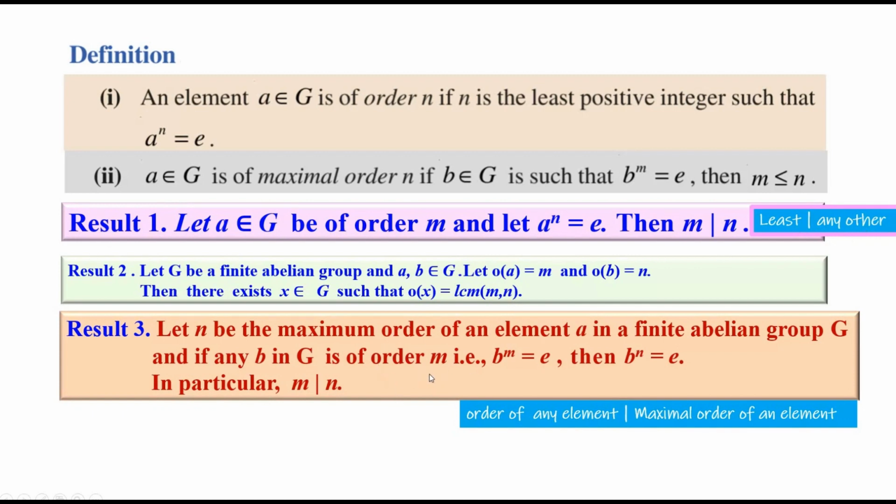And when you consider this one, you have maximal order n, and this is any other. So A of maximal order, and this is any other element. So A and any other element means you will have to use this result, order of any element divides maximal order of an element, and A is the same, index is different means you have to make use of this. Now we will see the proof of these three results.